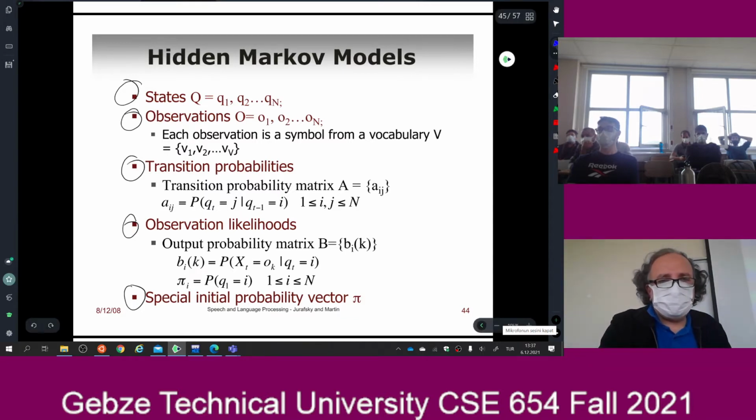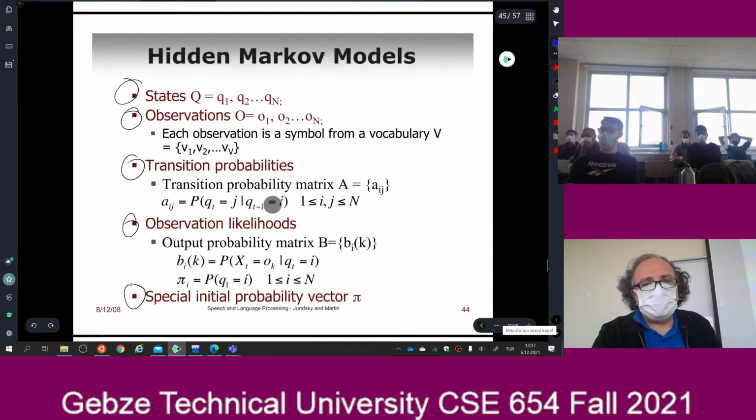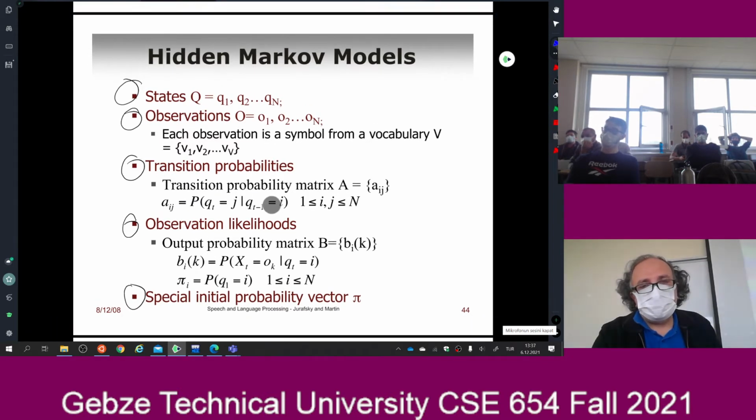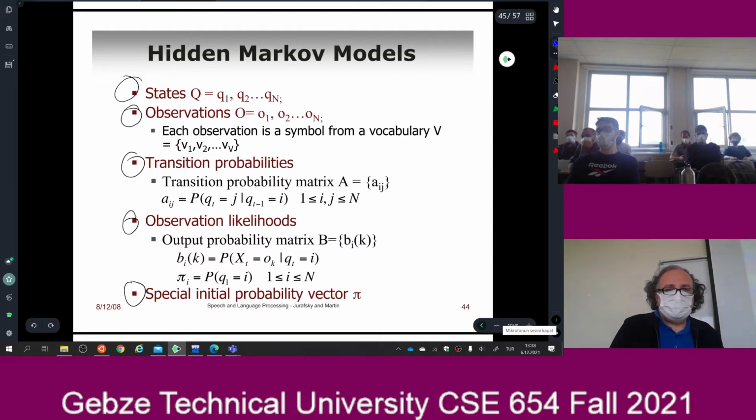We have the transition probabilities. If my previous state is noun, what is the probability that I will have a verb after that? That's the transition probability.